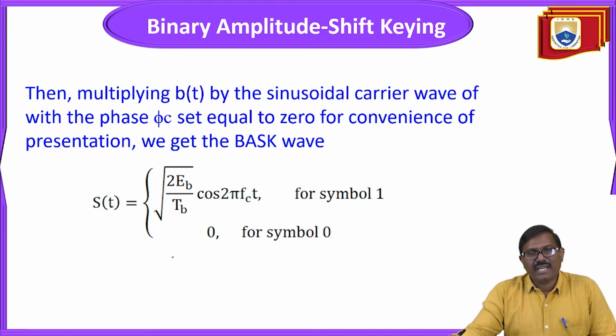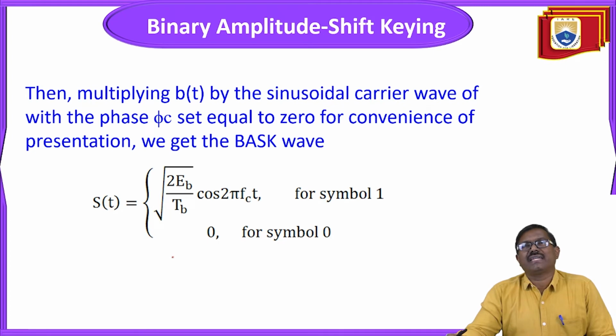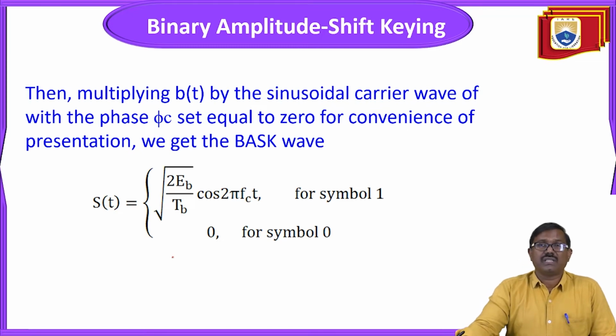So here, multiplying b(t) by the sinusoidal carrier wave of phase phi c set equal to 0 for convenience of representation, simply we can write s(t) equal to square root of 2Eb by Tb cos(2 pi fc t) for symbol 1 and 0 for symbol 0. That means I am giving amplitude only for symbol 1. There is no amplitude for symbol 0. That is the main theme of this BASK, binary amplitude shift keying.